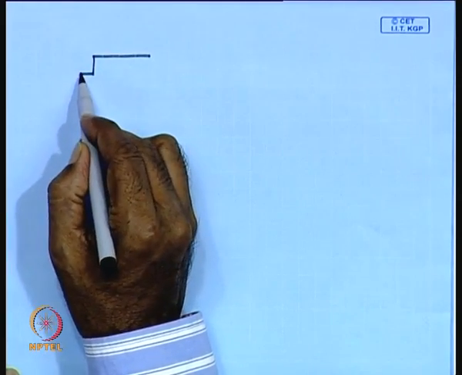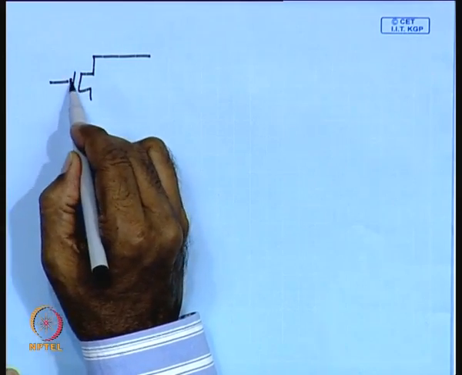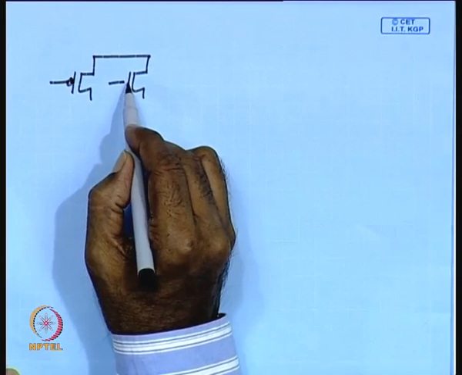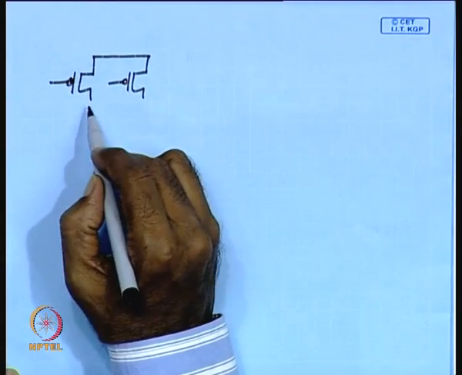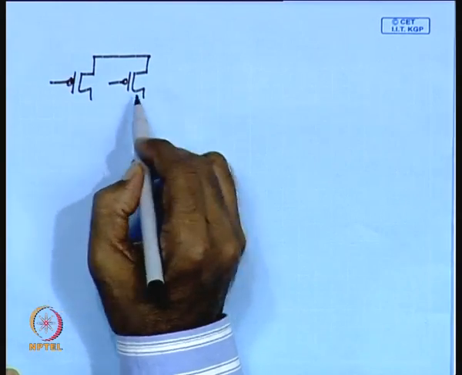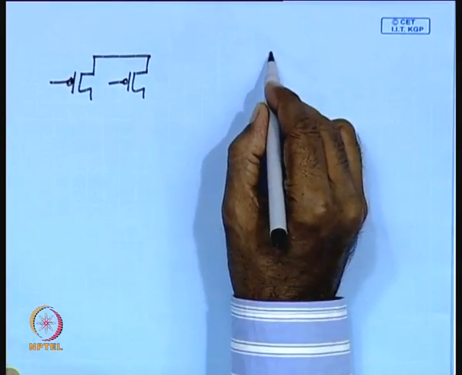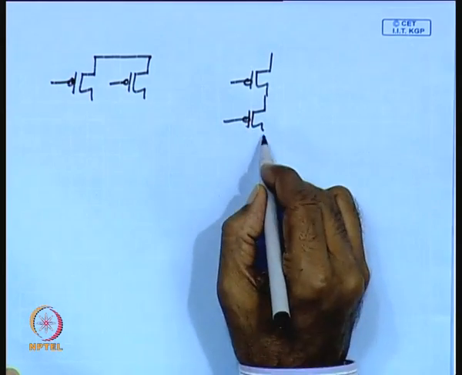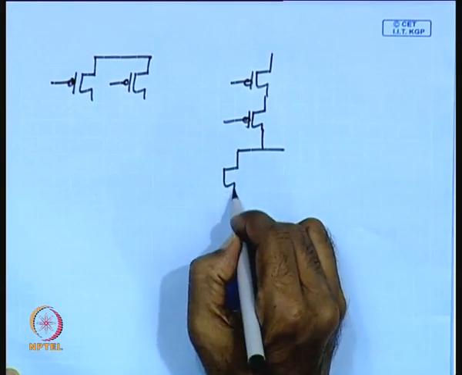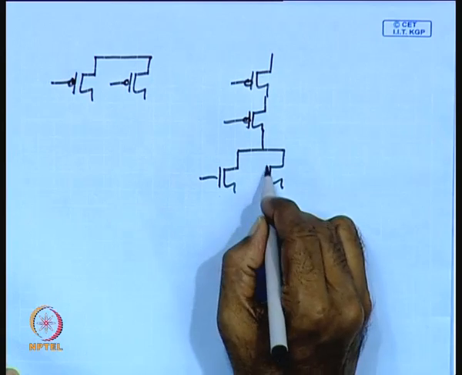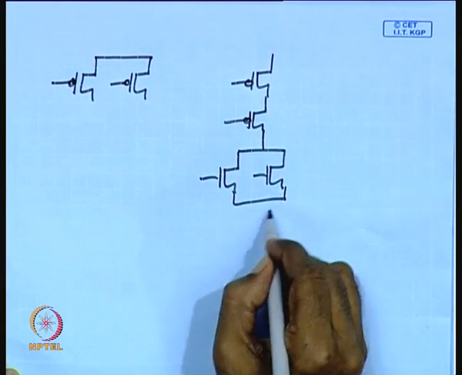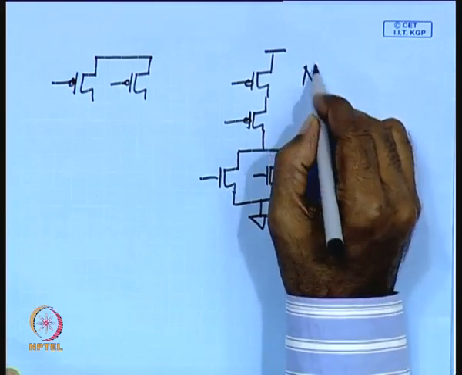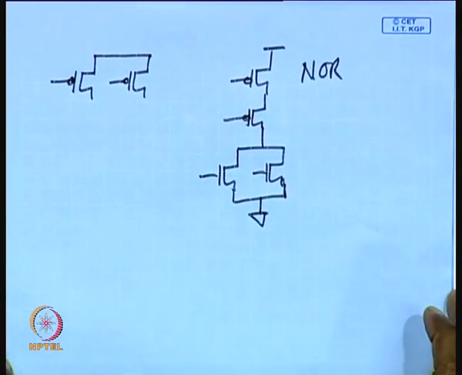So, you will require, so this is NAND. So, this is not NAND. So, it will be, this is the NOR gate, the 2 input NOR gate, that is realized by using the non-adiabatic technique.